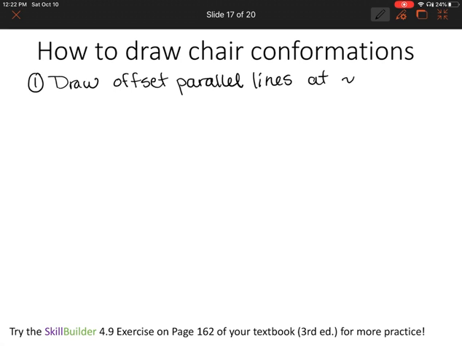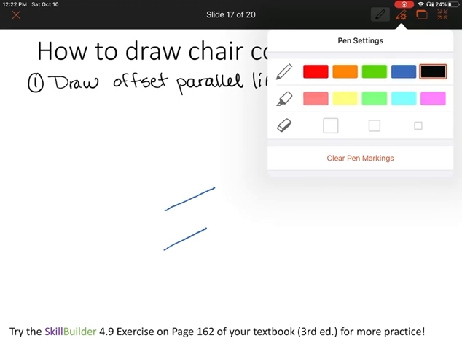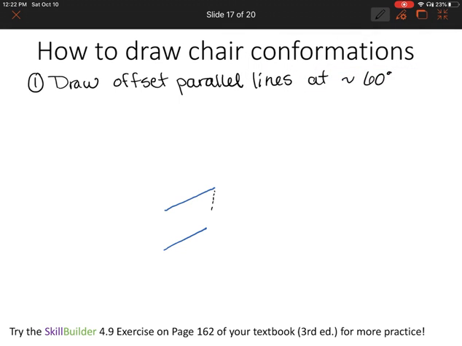They'll also be at about a 60-degree angle. So we'll draw one line, and then we'll draw one kind of parallel to that, but they're sort of offset from each other. And then I'm actually going to draw little dotted lines here to make it easier to see.